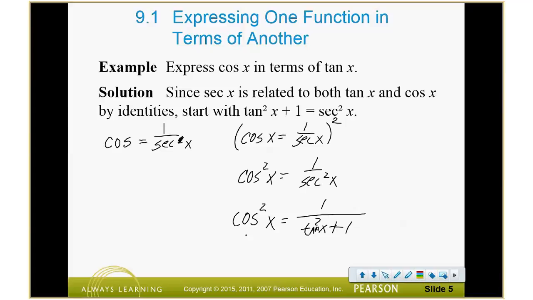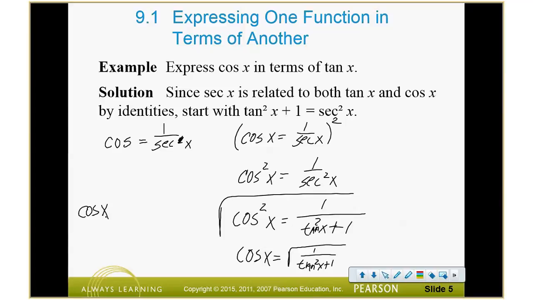And how do I get cosine of that? Cosine of x is equal to the square root of 1 over tangent squared x plus 1. And what is the square root of 1? So cosine of x is equal to 1 over the square root of tangent squared of x plus 1.